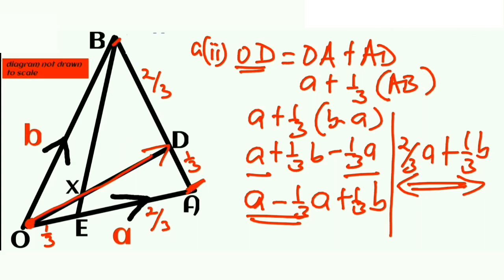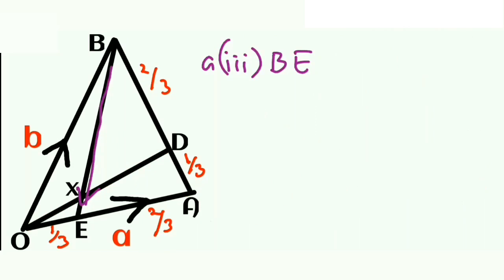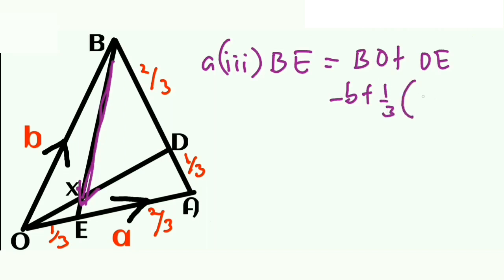Okay, next question, A part 3. BE equals BO plus OE, from B up to E. BO is minus B, plus OE equals 1/3 of OA.